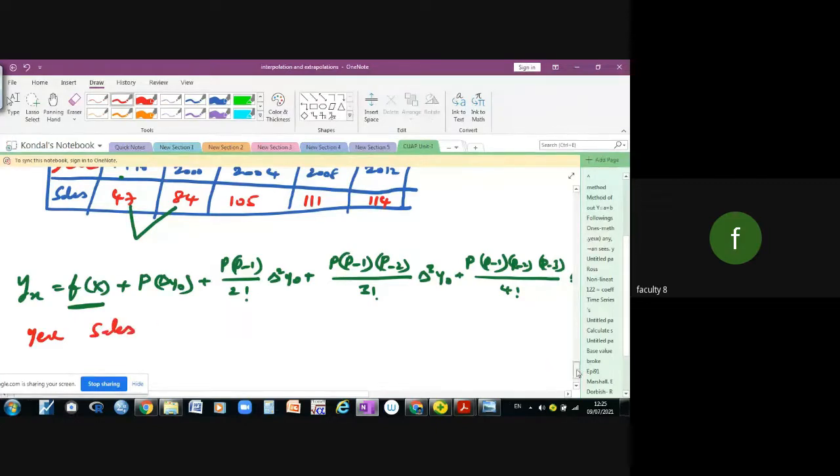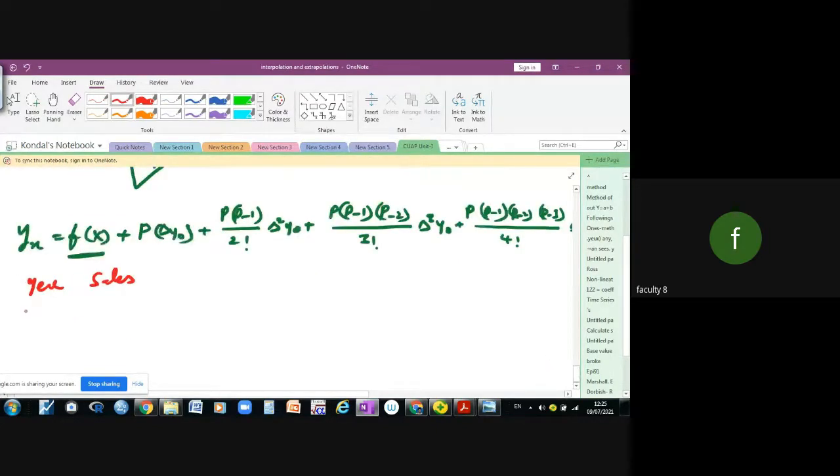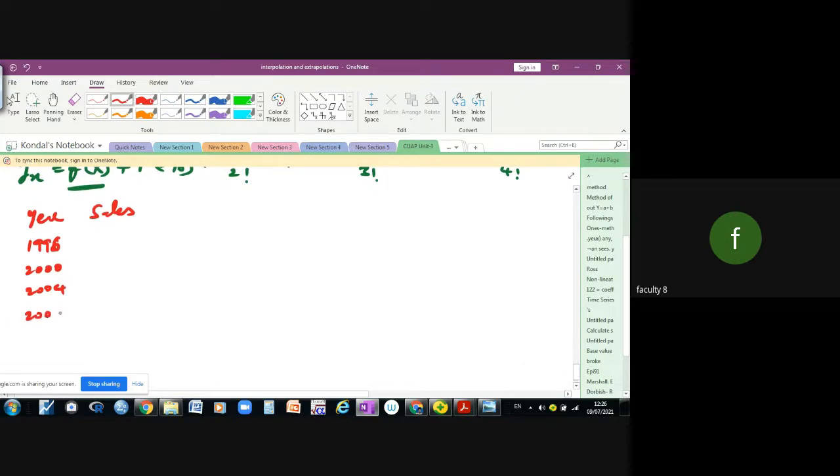So we can write year wise data: 1996, 2000, 2004, 2008, 2012. So sales value 47, 84, 105, 111, 114. Right. You need to write like this. Then only we will find out the first difference, second difference, third difference.